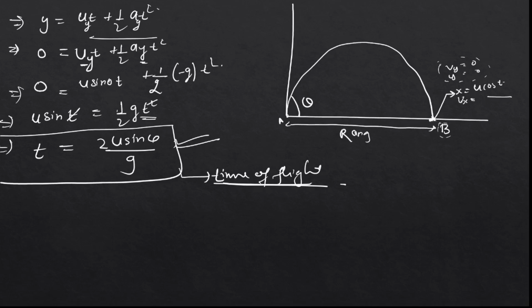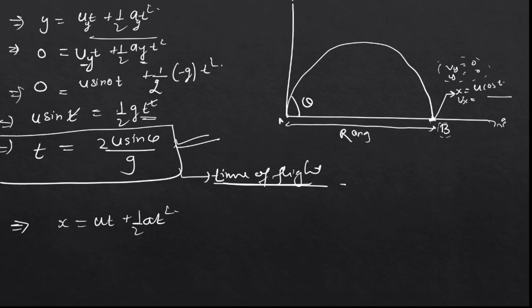Now I want to find its horizontal range. Horizontal range is the total distance it would cover horizontally from point A to point B, right? How much would that be? That would be found from this equation, because the horizontal distance is covered on the x-axis.